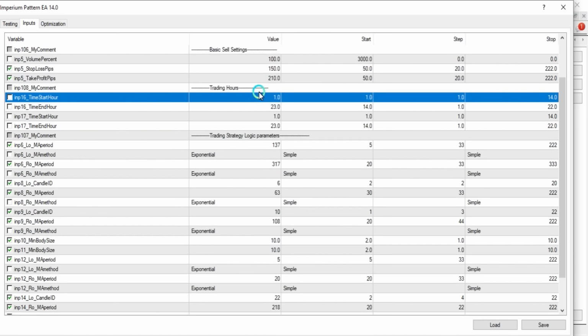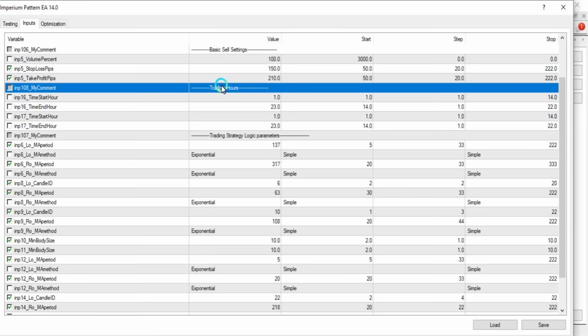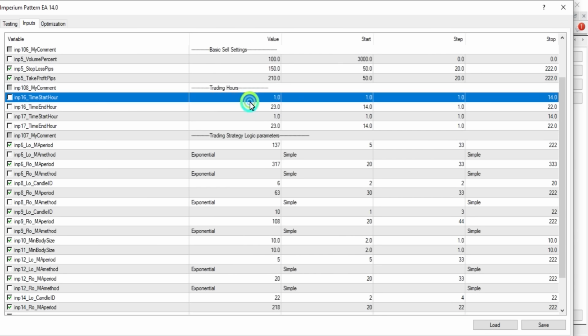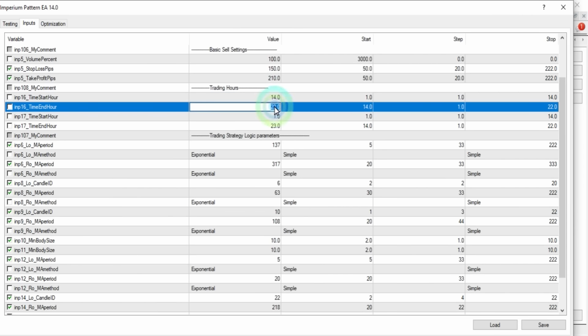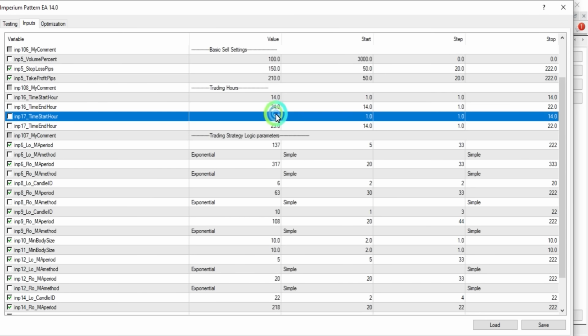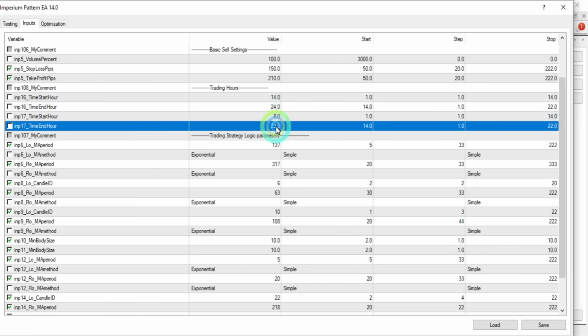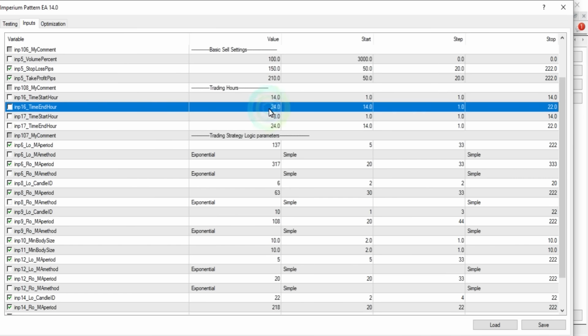So let's talk about trading hours. Trading hours are quite obvious. Basically, you can tell the EA which hours it can trade in a day. So for example, I can tell the EA that it can trade from 2 p.m. to like midnight for the buy trades, and it can trade from 8 a.m. to midnight for the sell trades.